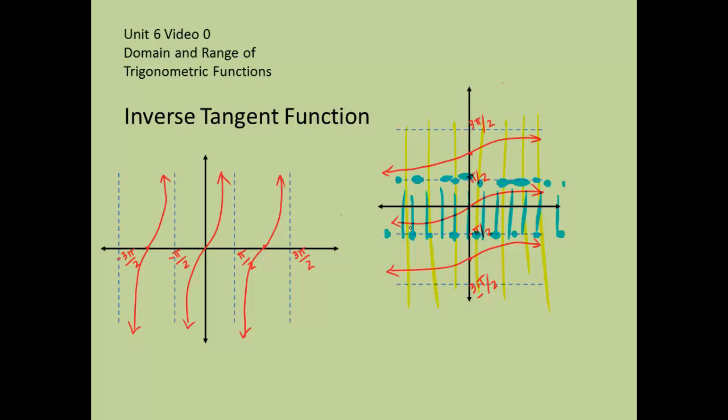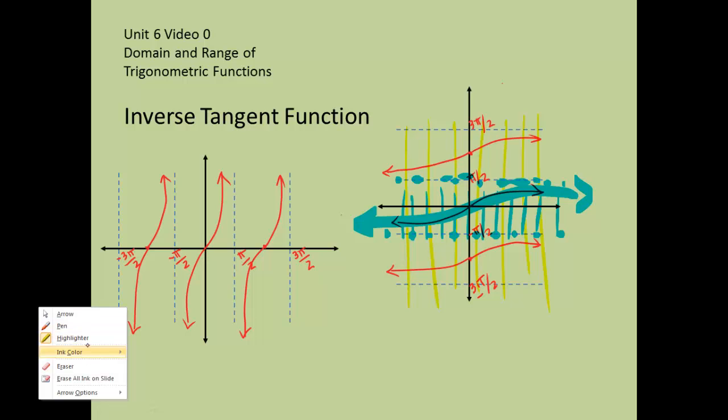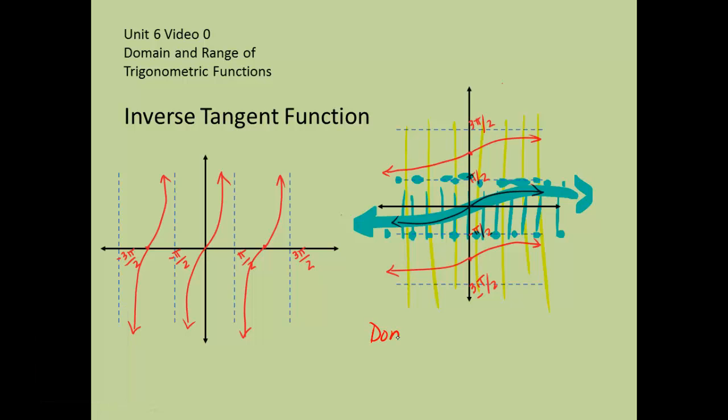So my domain, as I watch this go on forever in both directions, will be all real numbers. So my domain of my inverse function is all real numbers, or from negative infinity to positive infinity. And my range is going to have to be restricted vertically from negative pi over 2 to positive pi over 2.